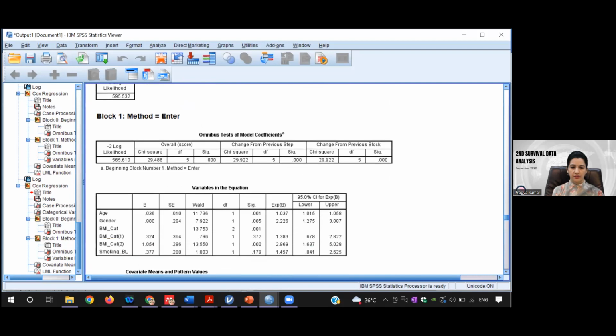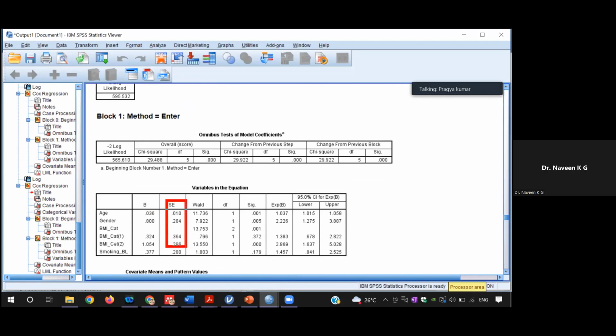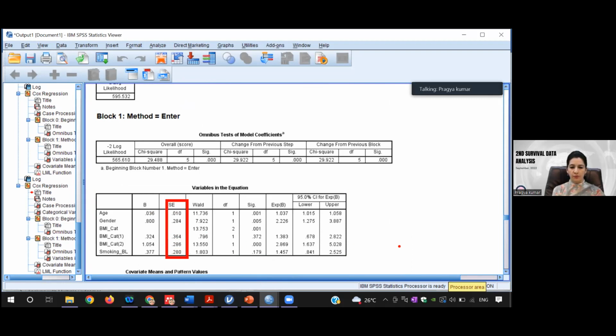What value did we fix? The value of standard error was 0.00125. So it is in between these, so there is no problem of multicollinearity.